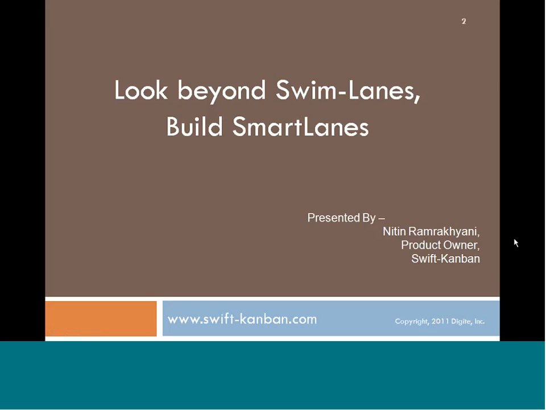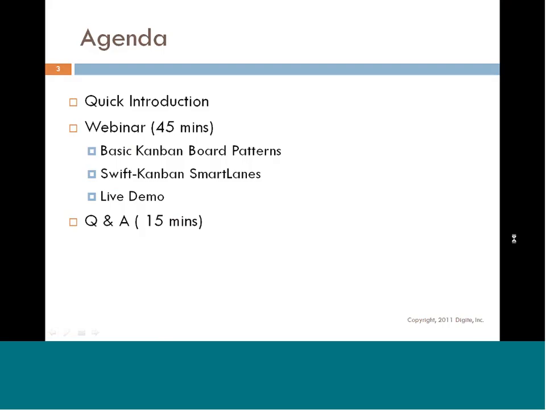Let me just take you through a quick agenda of what we're going to cover in this webinar. We'll start with a quick introduction, and firstly, we'll look at a couple of Kanban board patterns and how you can go about building them. Then we'll arrive at where exactly you feel the need for swim lanes, which is where in Swift-Kanban you can even go beyond swim lanes and build more intelligent smart lanes using the smart lane feature available in Swift-Kanban.